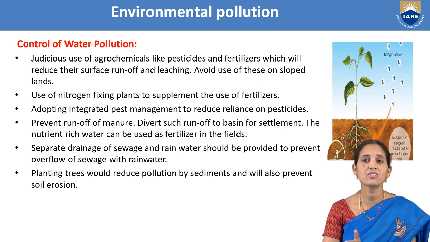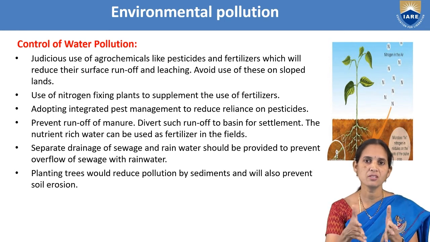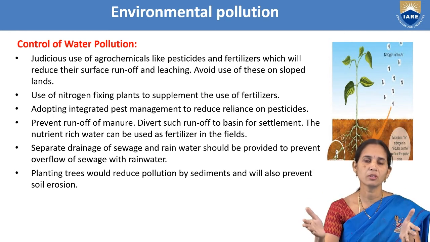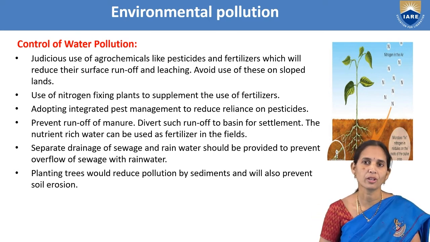Separate drainage of sewage and rainwater should be provided to prevent overflow of sewage with rainwater. Means when the wastewater is coming out from our houses, we have to arrange it separately. So separate pipes should be there, separate drainage for the sewage and for the rainwater flowing. So we can control the water pollution.